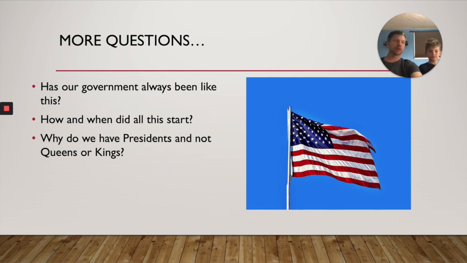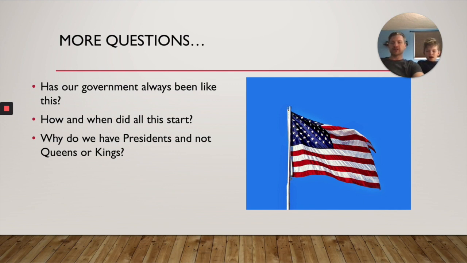Have you ever heard of a king of New York State? No. How about the queen of the United States? Isn't that Queen Elizabeth? There is a queen, but she is not the queen of the United States. We don't have queens or kings. There's no Prince of Florida or Princess of Chicago, right? So why do we have presidents and not kings or queens?